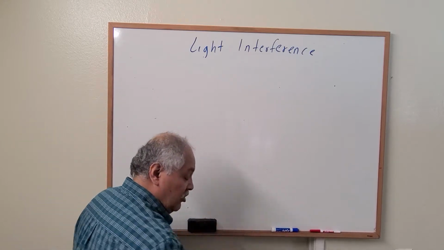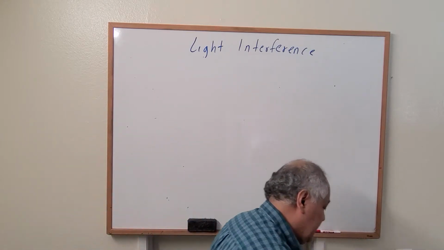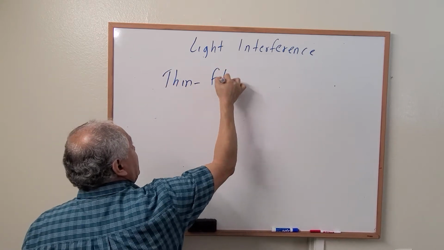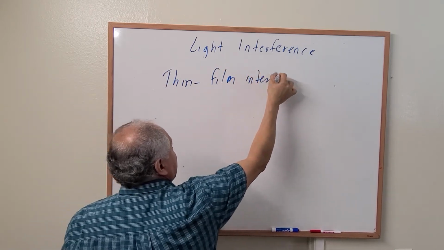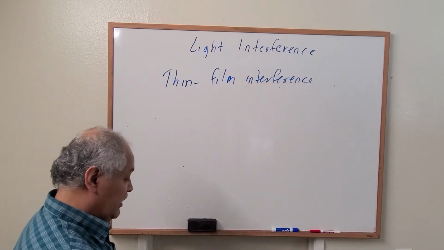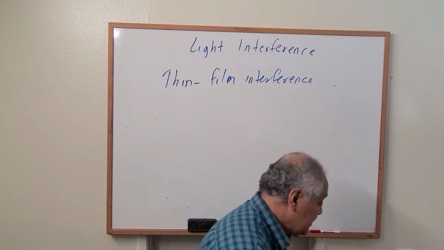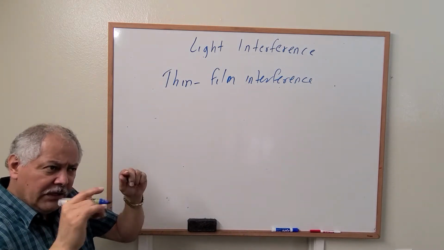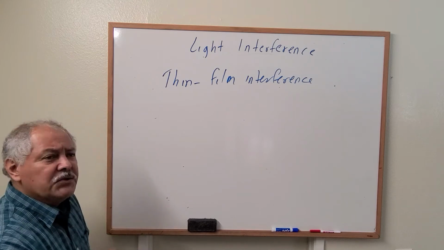Now let's go to the next topic, which is thin film interference. Let's do it. Look, this is a case when we use some very small films on a transparent medium.